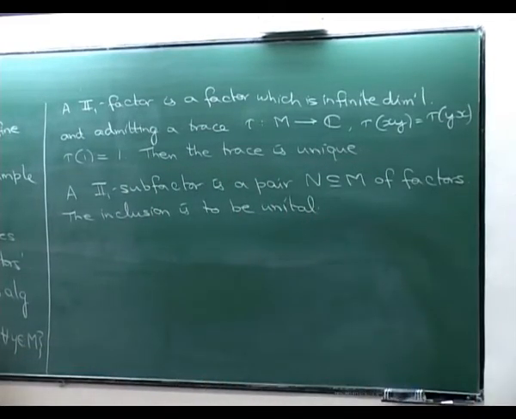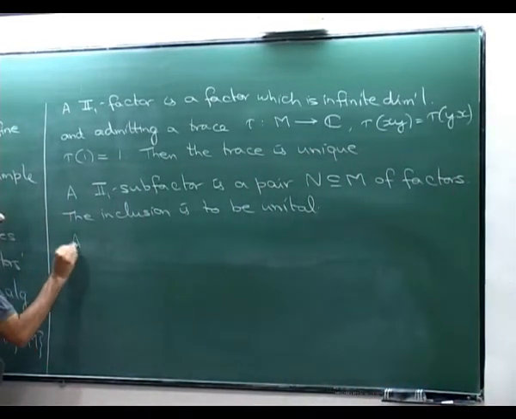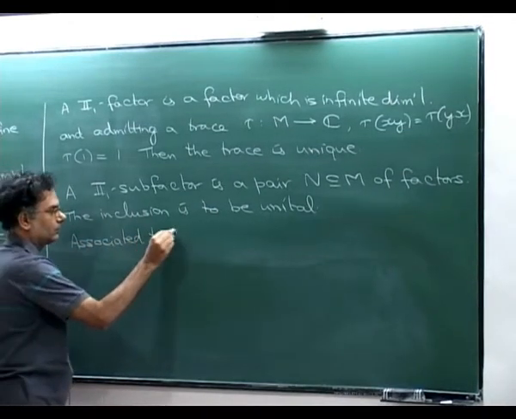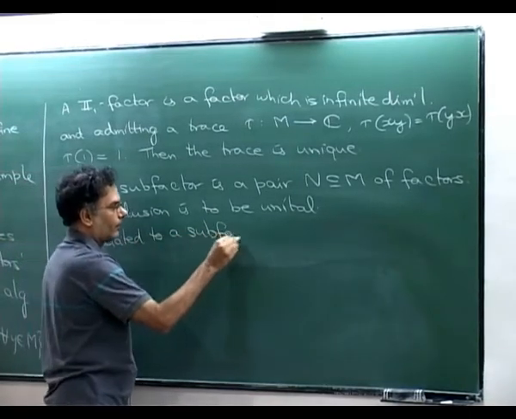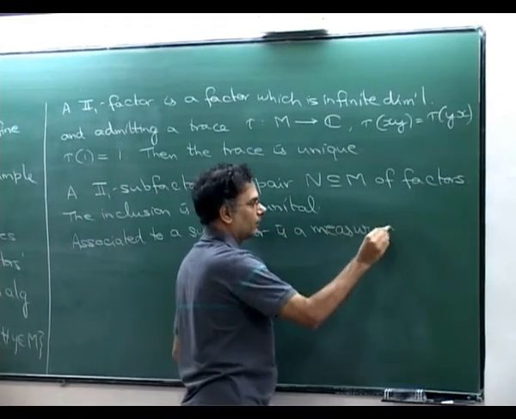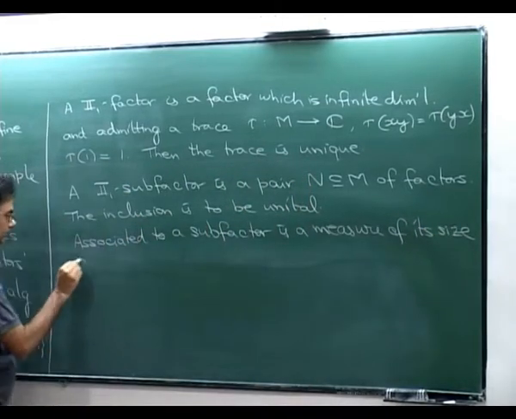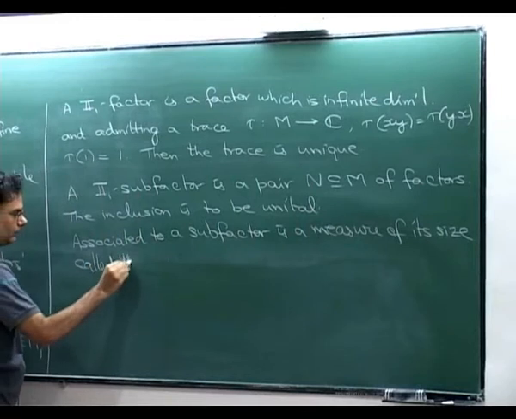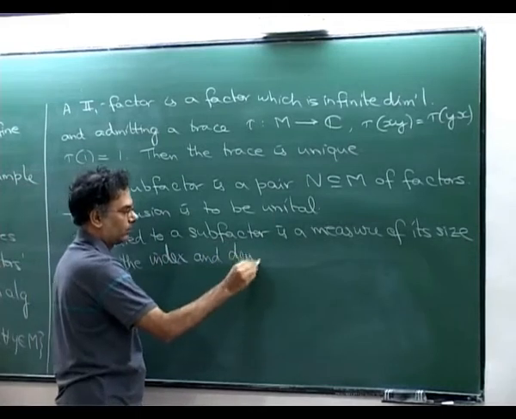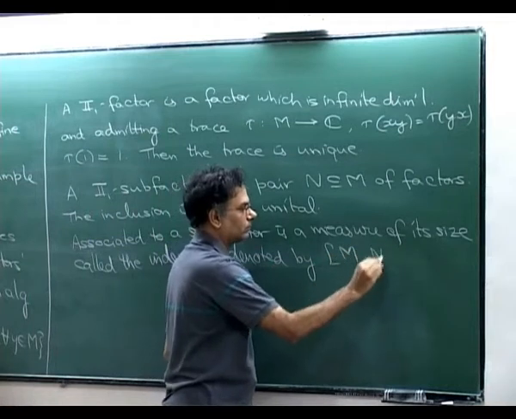So this is a numerical invariant which he denoted by M colon N. So associated to a subfactor is a measure of its size called the index, and denoted so.